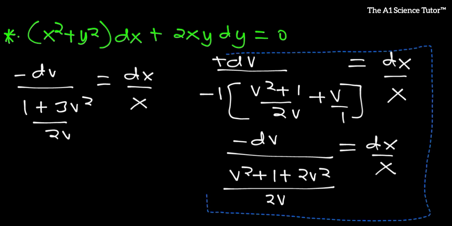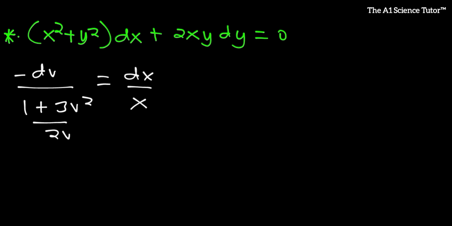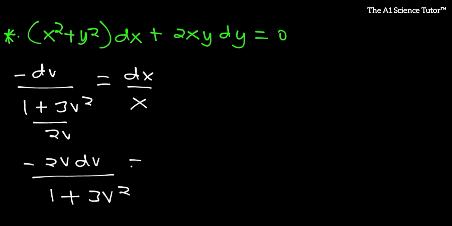So I'm going to wipe this out. Now, this 2v could actually get switched and taken to the numerator part. So that is going to be negative 2v dv, divided by 1 plus 3v squared. This is equal to dx over x. So that is actually what we have.